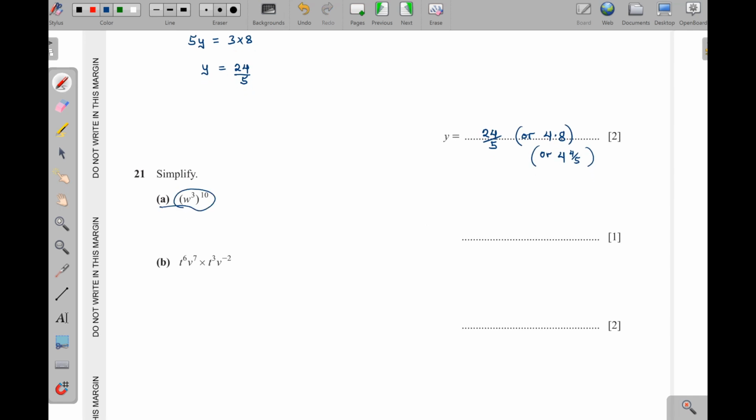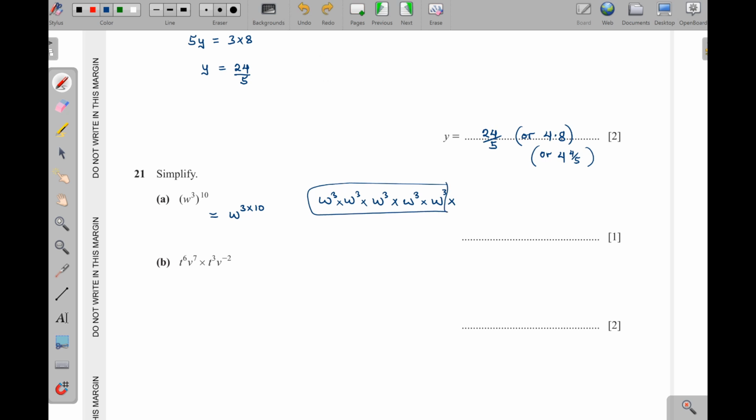Simplify part A, w to the power 3, then to the power 10. This one is going to be w to the power 3, then times 10. Because here you will have w to the power 3, you have another w to the power 3, you have another w to the power 3, you have another w to the power 3 times w to the power 3. Then these are 5, not so?